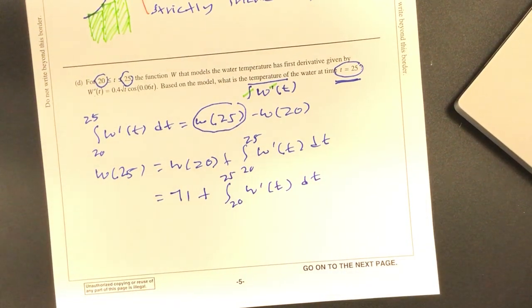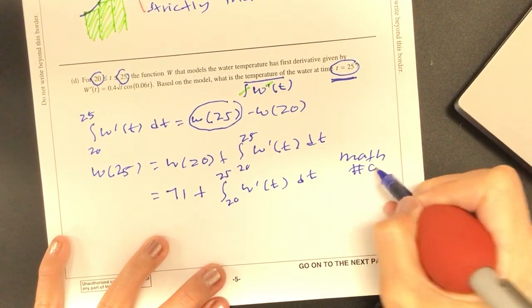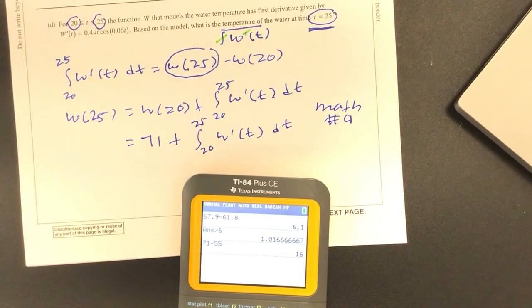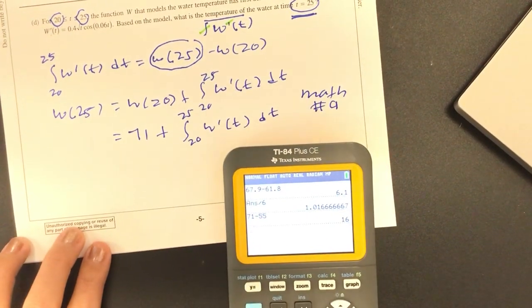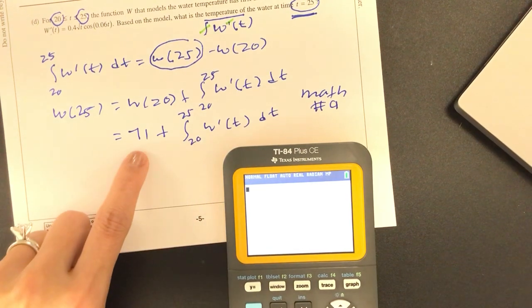So for that piece, let's use math number 9. And we're going to literally type it in exactly as you see. You got your calc? Make sure it's on. Start with 71. And then put in the plus sign. And now go to math 9. It'll bring the integral from 20 to 25.